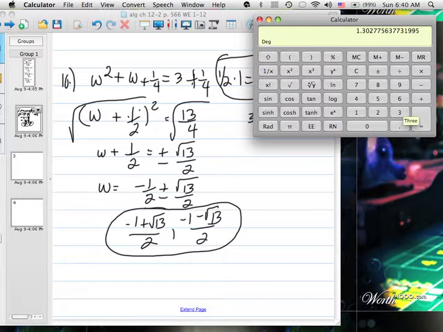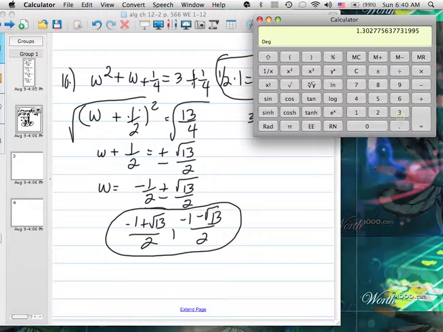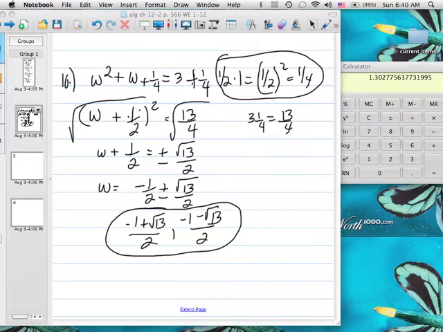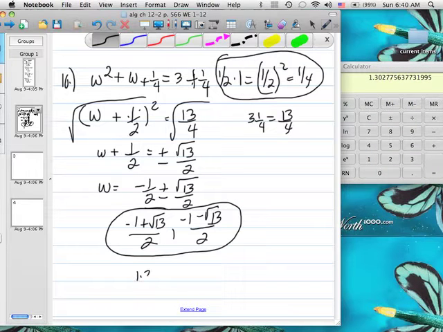And we get 1.3, which is correct. So writing 1.3 down for this one.